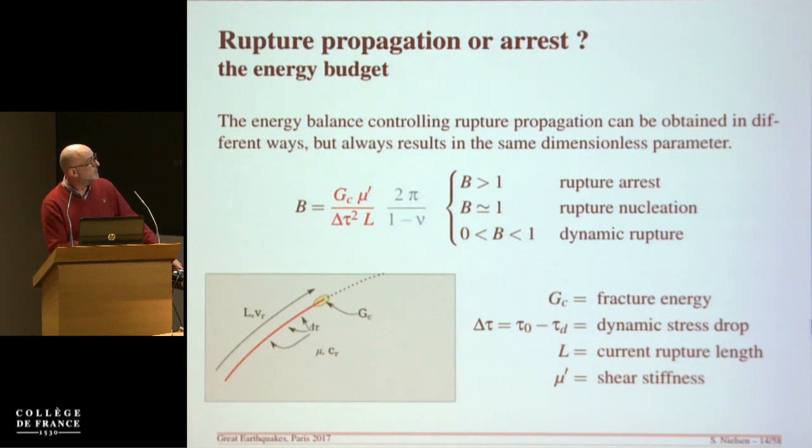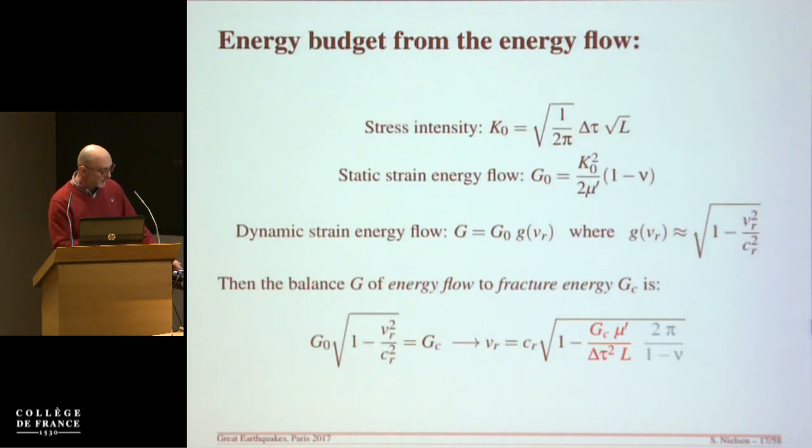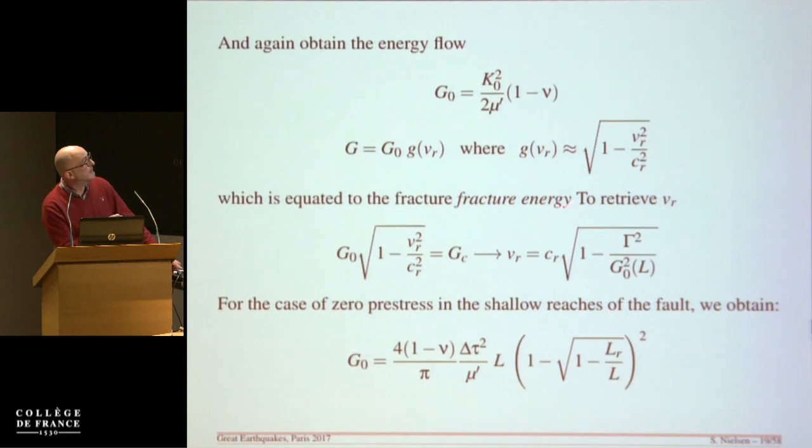So you have an inhomogeneous model with 2 parts, bottom and top of the fault, allegedly. Then you have now this equation, and again you have something which is the static stress intensity, but then you have these ratio of lengths there, and you put that in your equation, and you get your rupture energy for an inhomogeneous model.